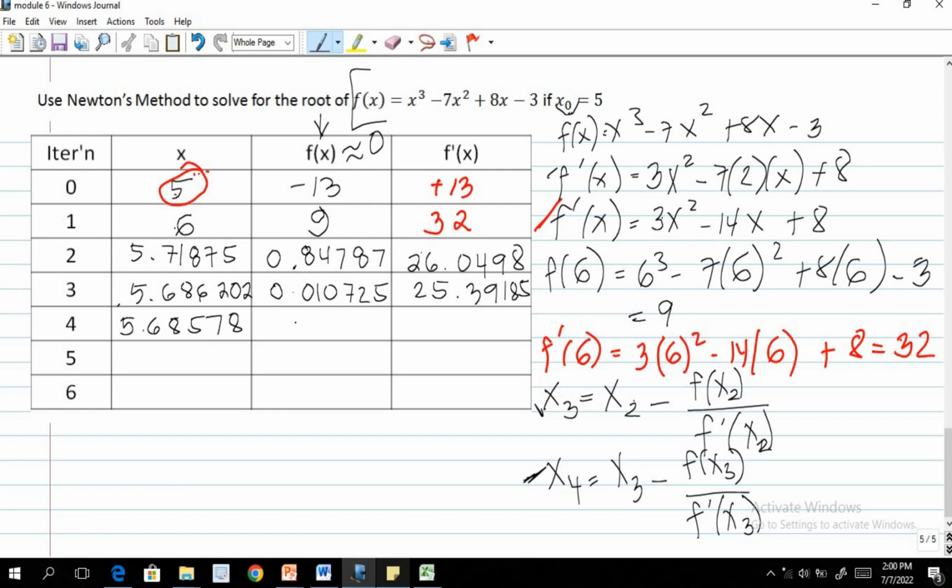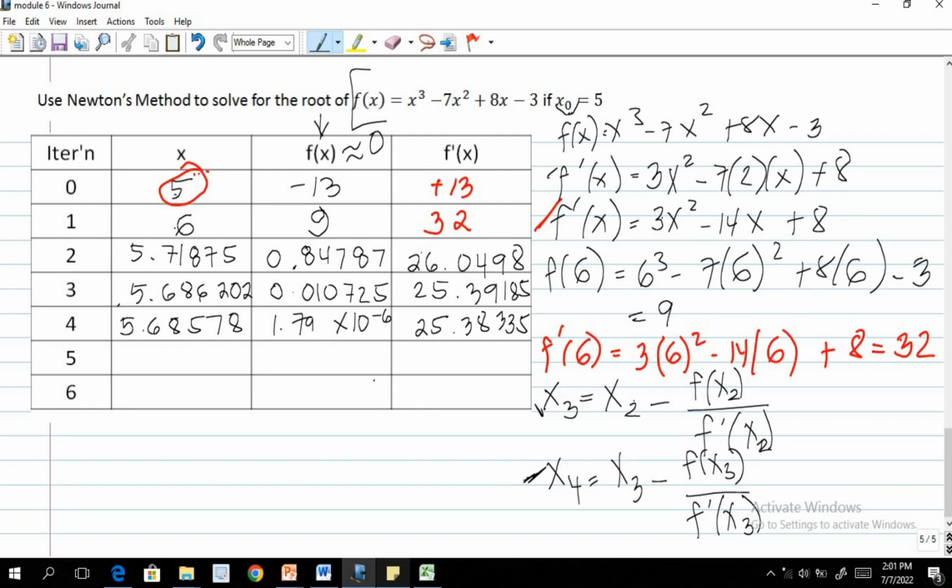My fx, ang lumabas is 1.79 times 10 raised to negative 6. And sa may f prime x is 25.38335.